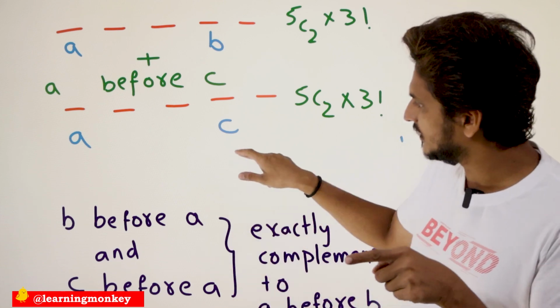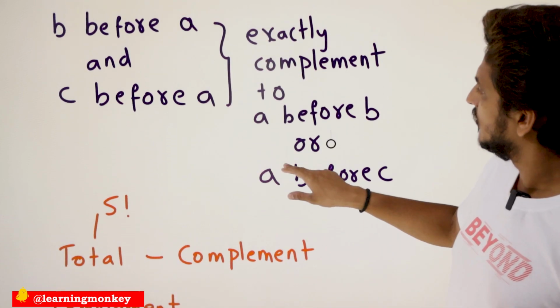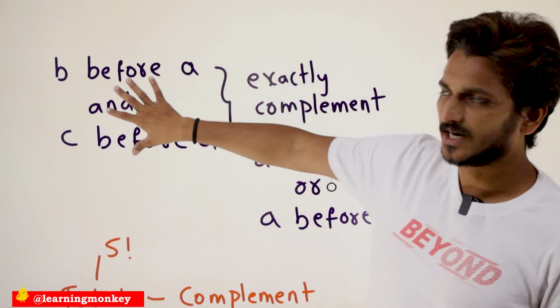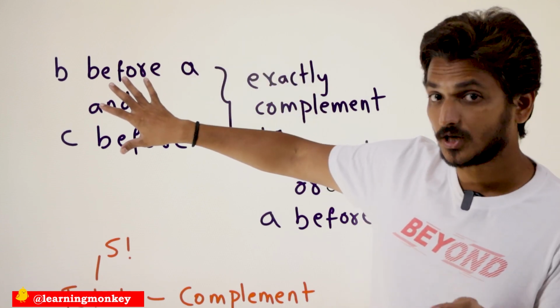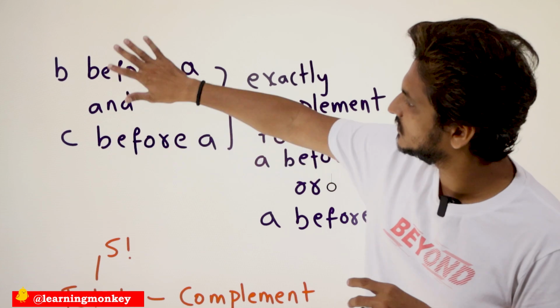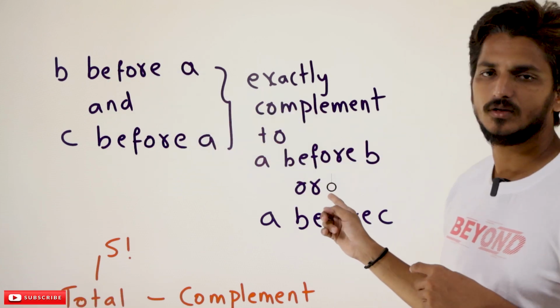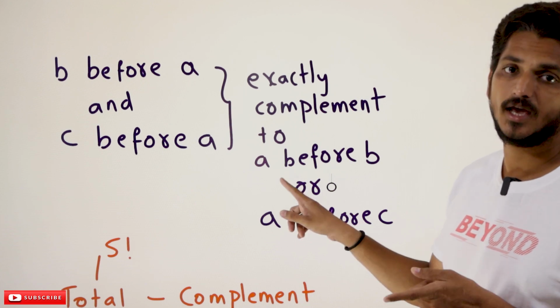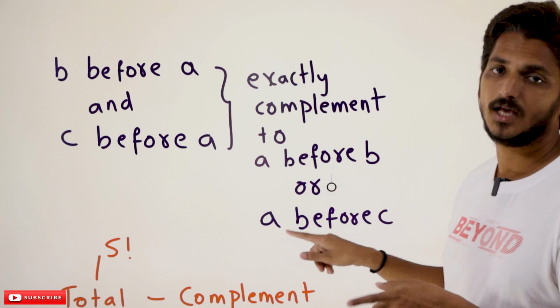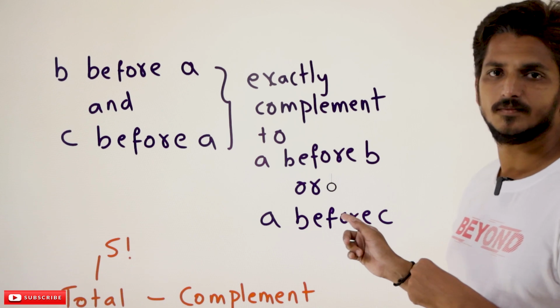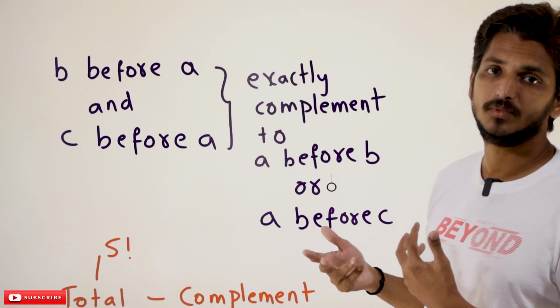From the total permutations, if you remove the complement count, you are going to get the answer for A before B or A before C. That is what the complement method means.